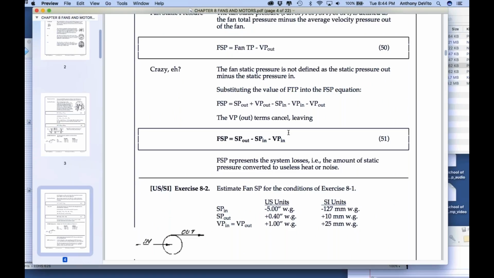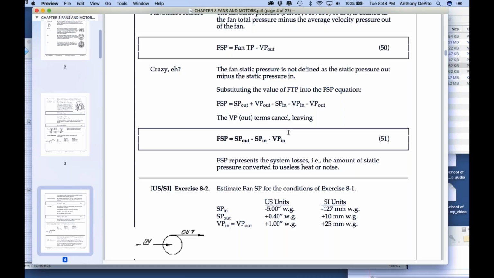So the fan static pressure is going to be equal to the static pressure and the velocity pressure going out, that's the total pressure going out, minus the static pressure and the velocity pressure going in, that's the total pressure going in, minus the velocity pressure going out.